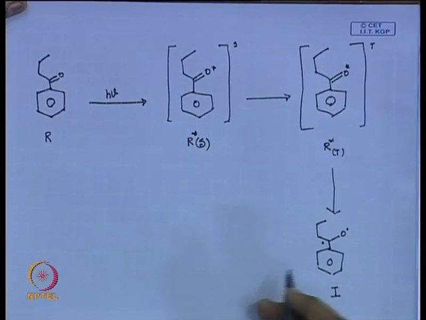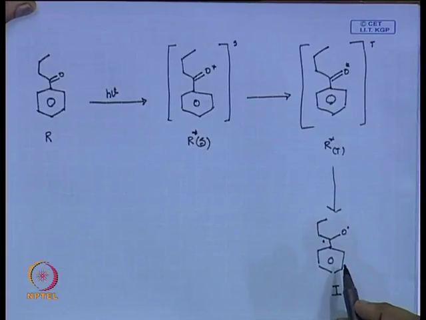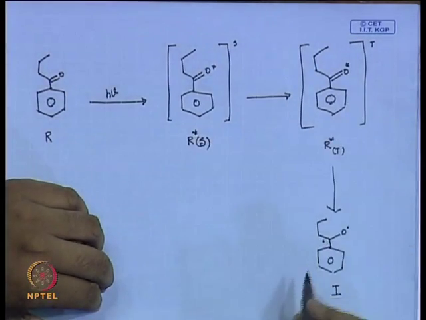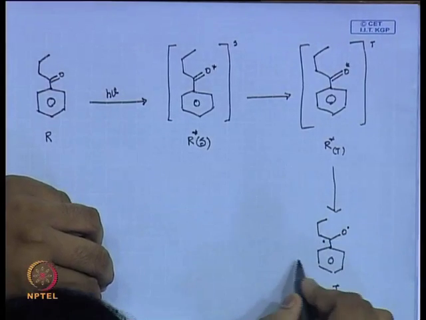So, from here I told you that this I can give you different products. So, for example, you can make this much more legible, like I can get this stage, then it picks a hydrogen from here.